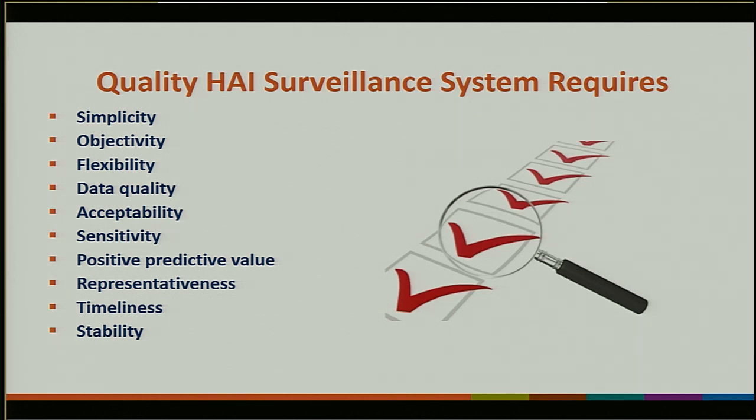We want it to be simple and objective, and flexible to assure high data quality is acceptable to the users. It requires data accuracy measures with high sensitivity and a positive predictive value. It should be representative of the population, provide timely information, and be stable over time. In today's session, we will focus on quality data.